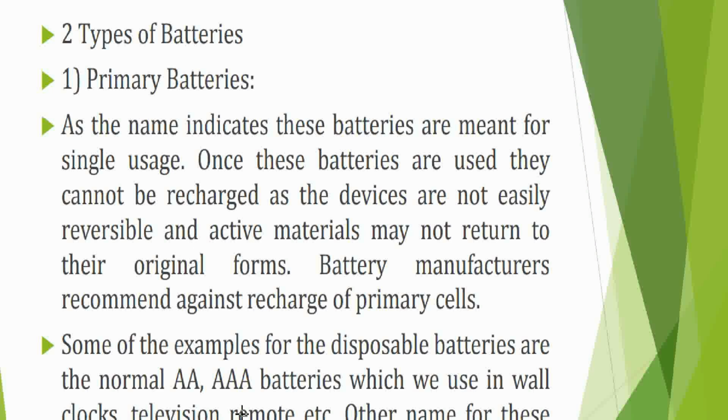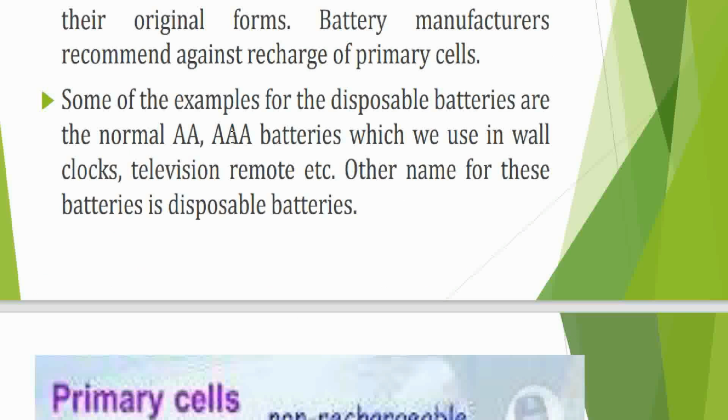Battery manufacturers recommend against recharging primary cells. Examples of these disposable batteries are normally AA and AAA batteries. In primary batteries, the electrode transformations are not reversible, and applying external energy will not reconstruct the electrode.